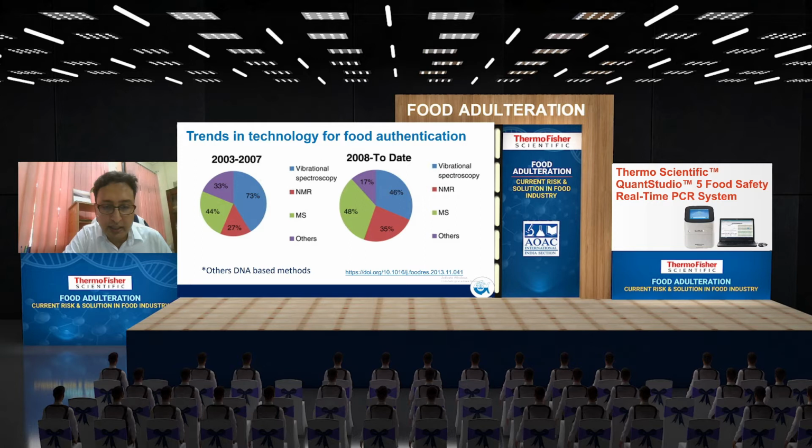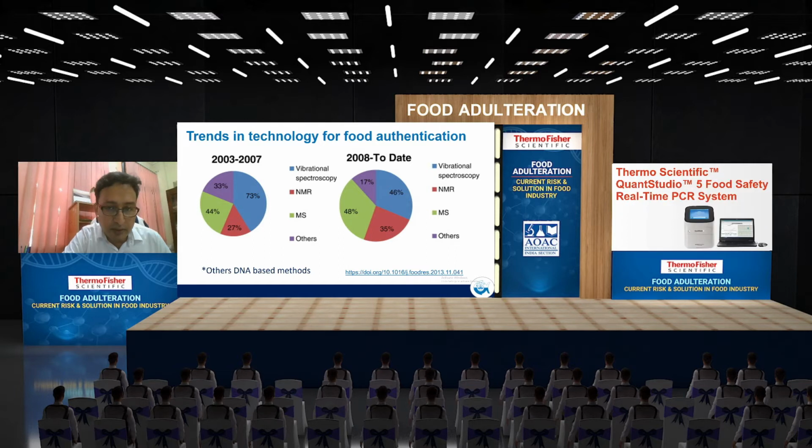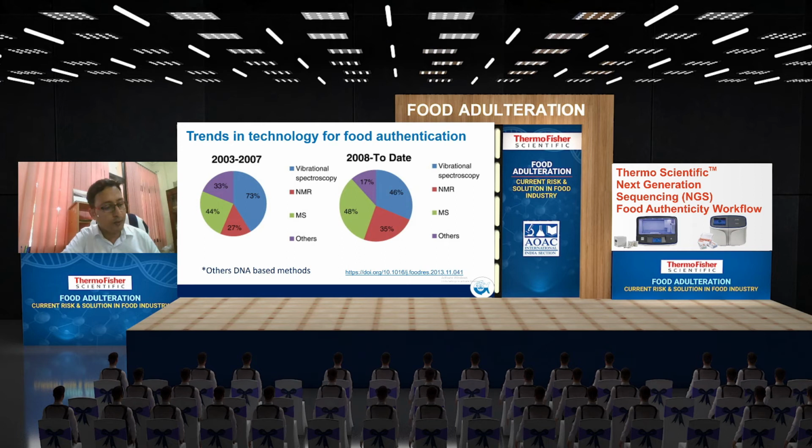The good thing about Thermo is that they have a product portfolio for all these different techniques, except I think maybe NMR. And as my presentation progresses, you will find that no single technology is enough to detect food fraud. So may I have the next slide, please?